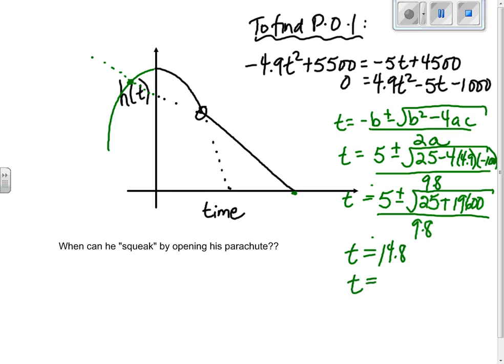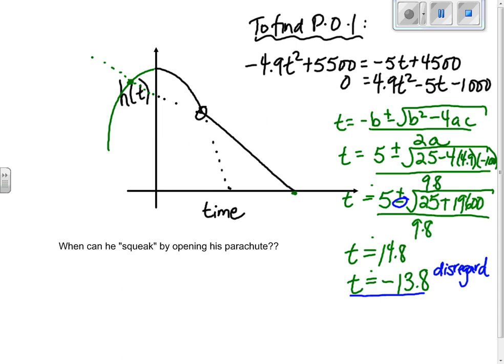The other possible t-value is 5 subtract the square root of 19,625 divided by 9.8. My second t-intercept is possibly minus 13.8. We can disregard that. Negative time doesn't make any sense in our problem.